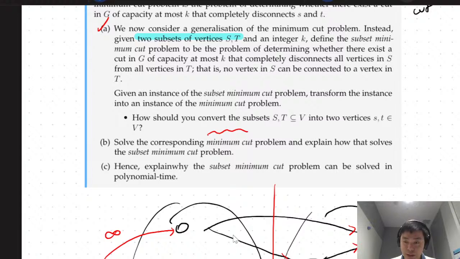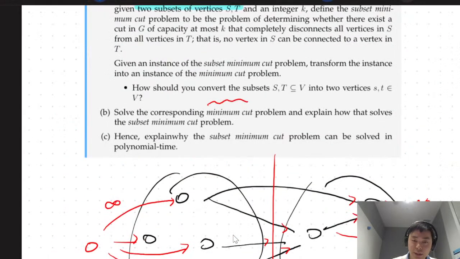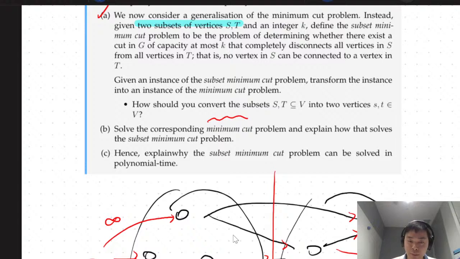And hence this explains why the subset min cut problem can be solved in polynomial time. You can solve the min cut problem in polynomial time, and then using the same algorithm, you can solve the subset min cut problem. So hopefully this is quite straightforward. It comes directly from the fact that we can solve minimum cut in polynomial time.